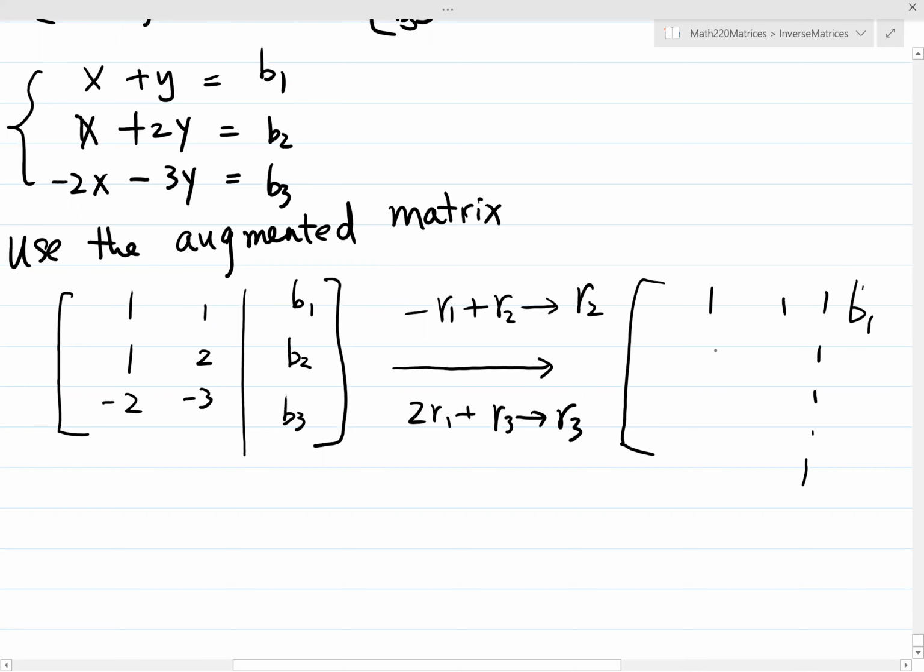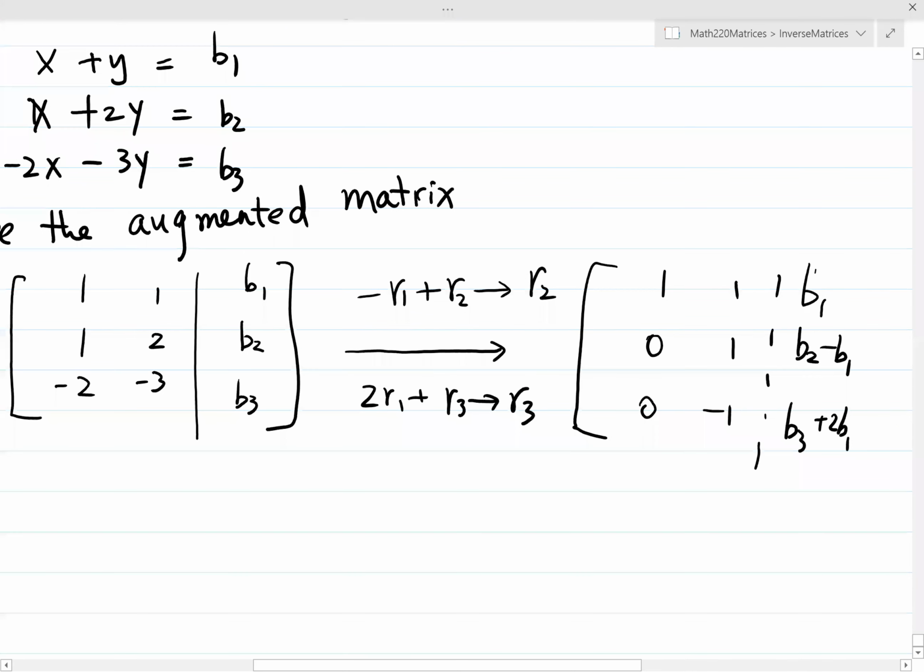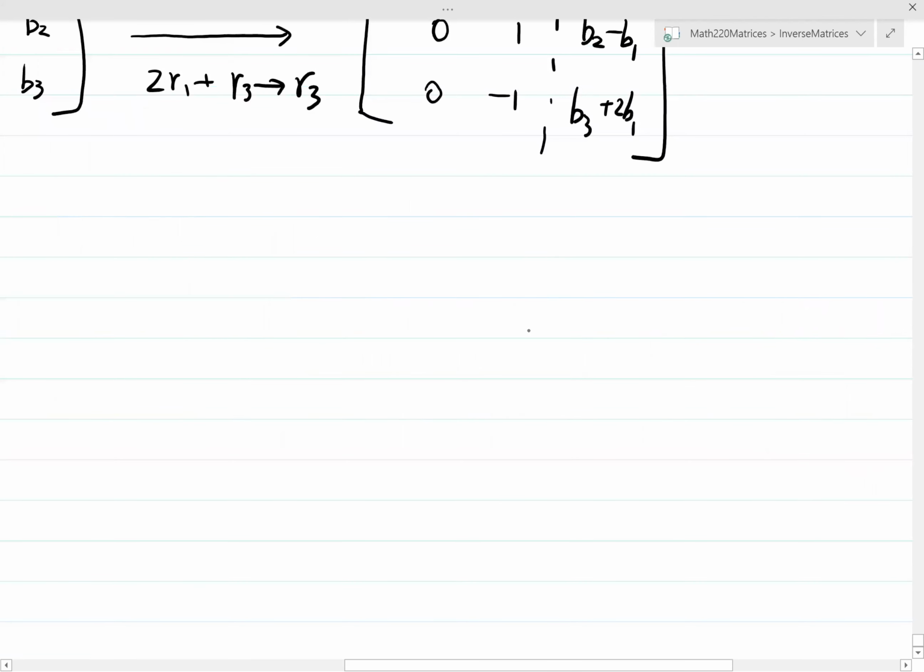Now this you get a 0, this you get a 1. This you get b2 minus b1. Now this you get a 0, you get a -1, you get b3 plus 2b1. And then we do row operations.